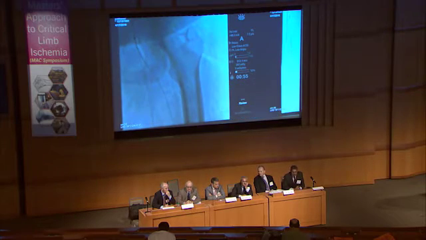Well, of course I would. If we had multiple origins of AV fistulas, then I would treat the entire SFA with a stent graft, because the artery is diseased from the very beginning down to the junction with the popliteal artery.